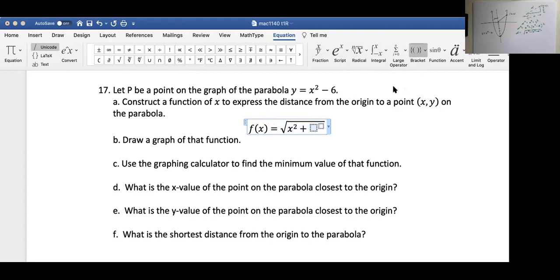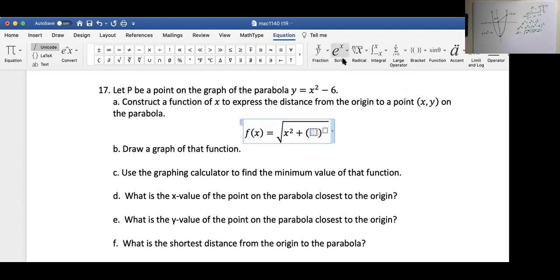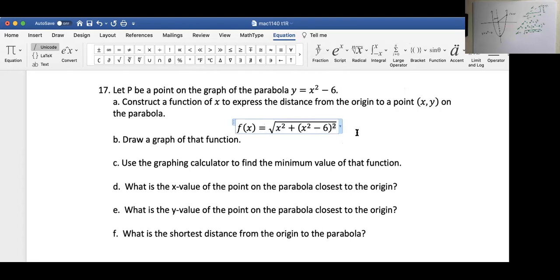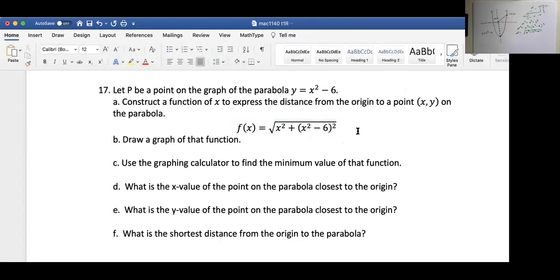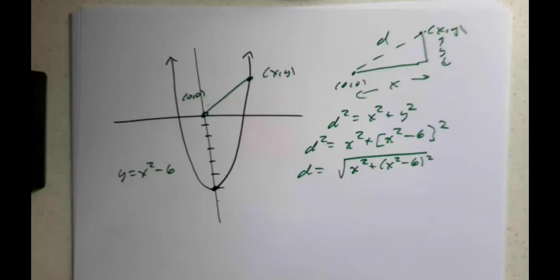So that's going to be our function. And then we want to actually draw a graph of that function. I could use the graphing calculator or Desmos, but since we need to use the minimum finder, the graphing calculator is probably the right tool for that. So let's pull up the graphing calculator.